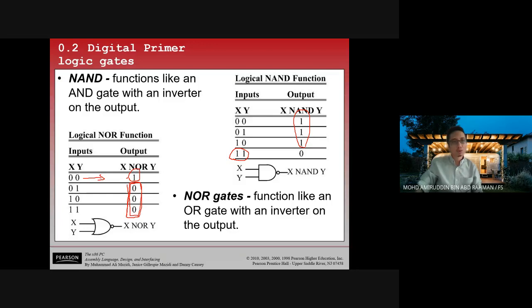But for NOR, it is inverted, right? So you have 1 output when both X and Y are 0, and 0 for all the results where any of X and Y is 1, or both of them are 1. So it just inverts the function of OR.